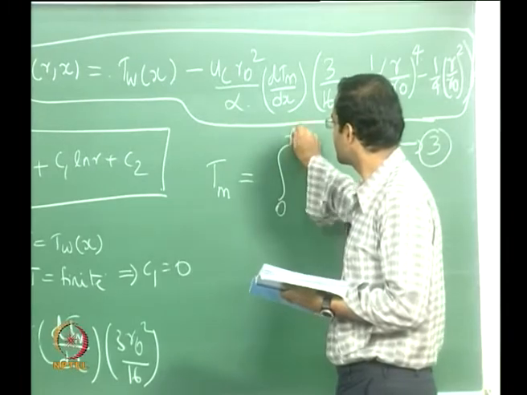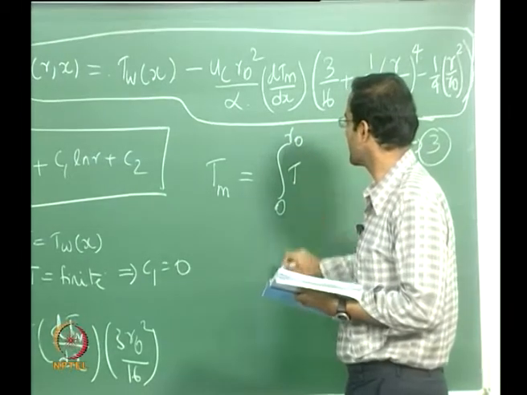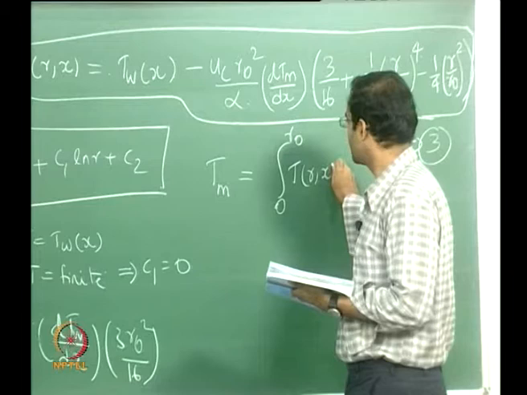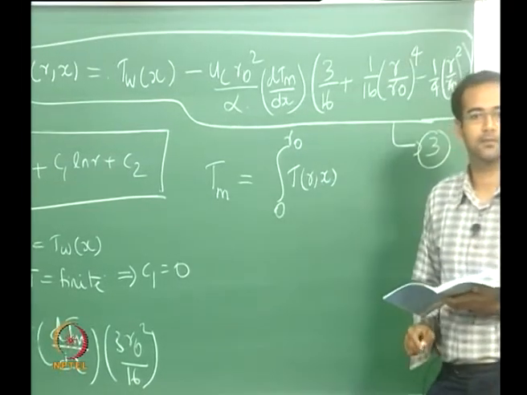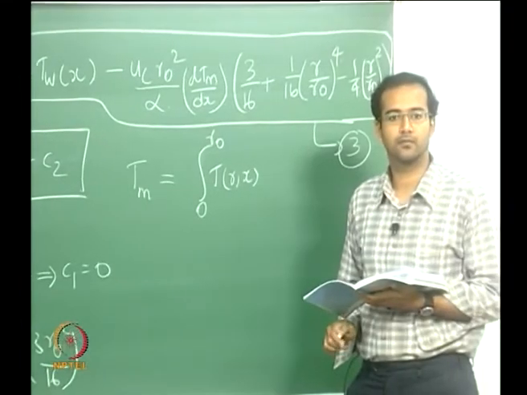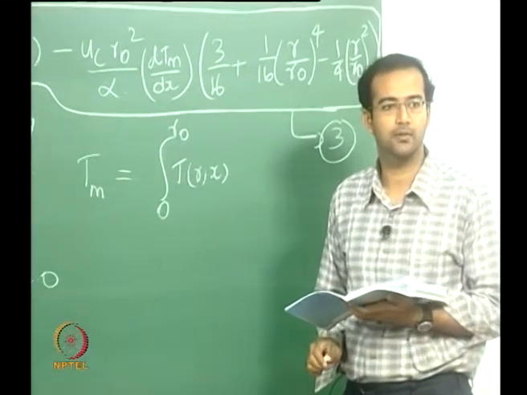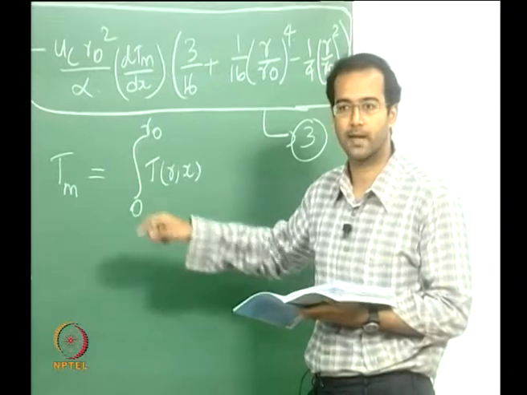0 to R naught, T into, so what is the mass? Rho into A into U. Okay, in the numerator and denominator the rho can cancel off.